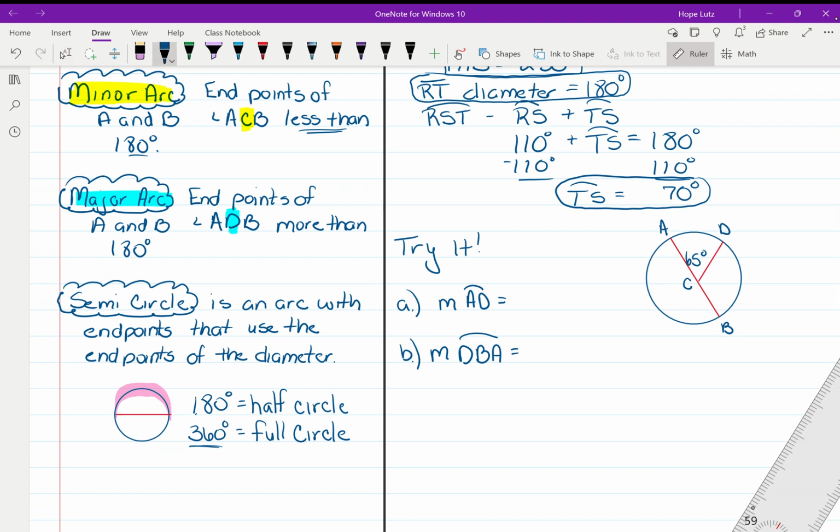Then, I'm going to skip a couple lines, C, you're going to give me AB is the diameter. And I want you to find BDA.